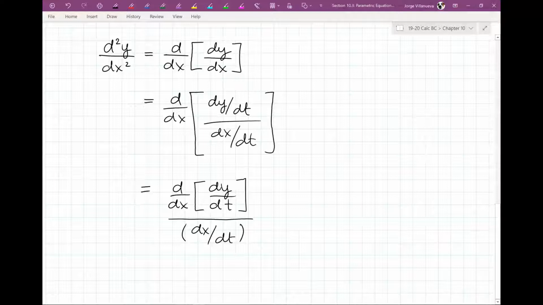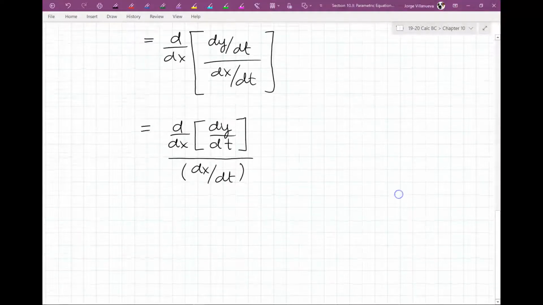So we just started off with the derivative d/dx of dy/dx. That's what the second derivative means, right? We wrote the definition of dy/dx, that's (dy/dt)/(dx/dt), and then I got the d/dx and multiplied it to the numerator, okay? And now I'm going to do a little switch. I'm going to get the dx on the bottom of the numerator portion and the dt on the other bottom, and I'm going to flip them, okay?